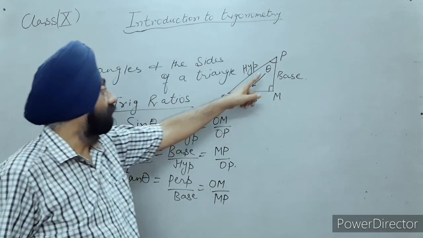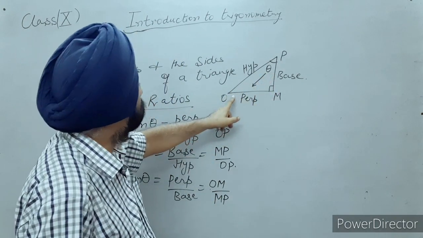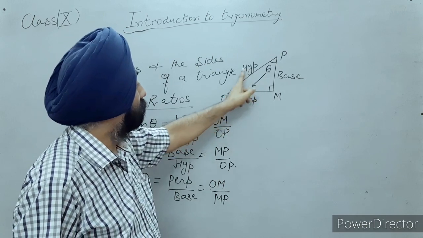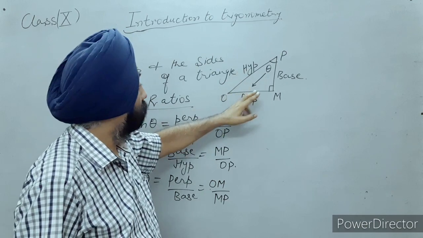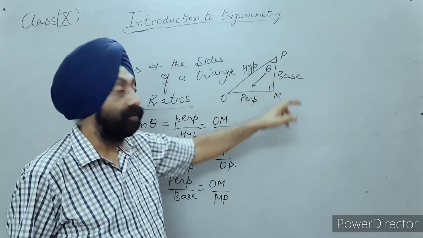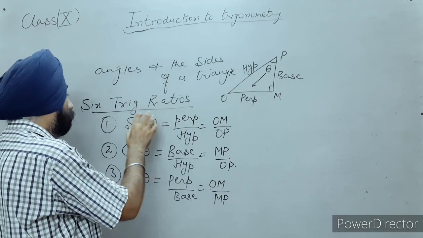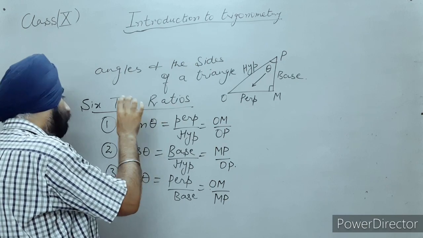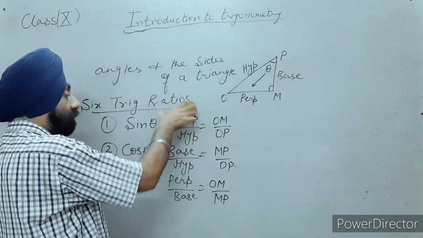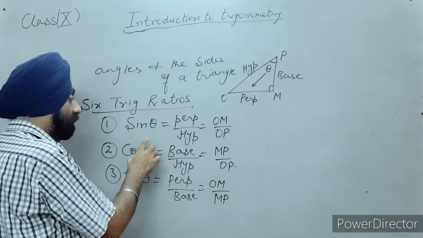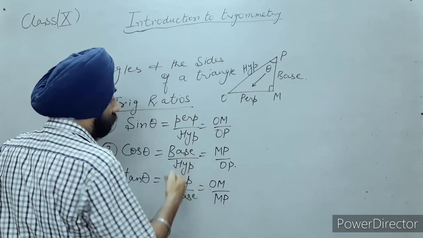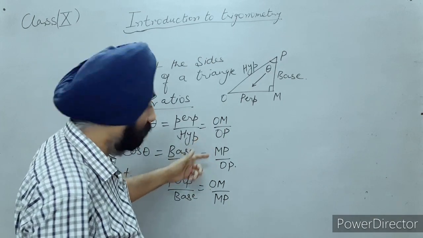Now if angle theta is this, then this becomes the perpendicular, this remains the hypotenuse, but this side becomes the base now. Similarly, cosec theta becomes hypotenuse upon perpendicular. Secant theta becomes hypotenuse upon base, it will be OP upon MP.